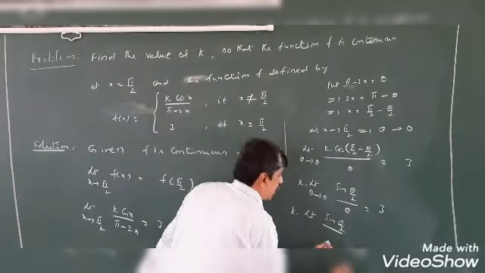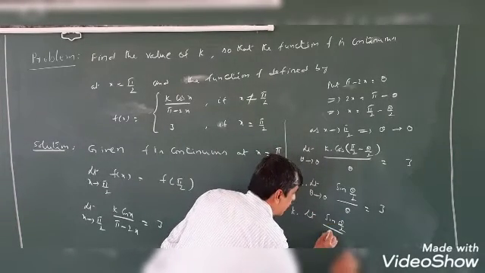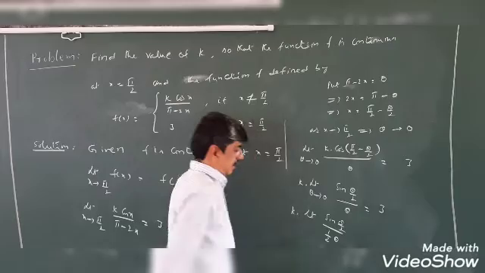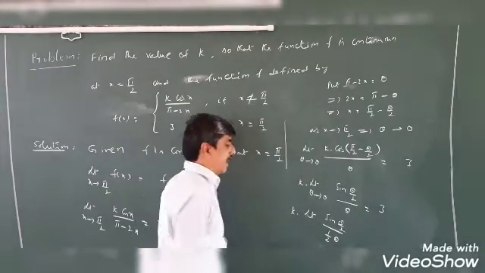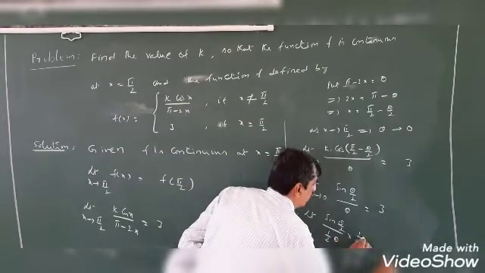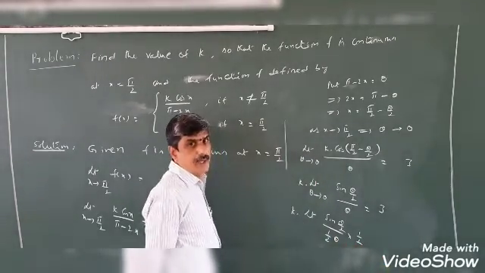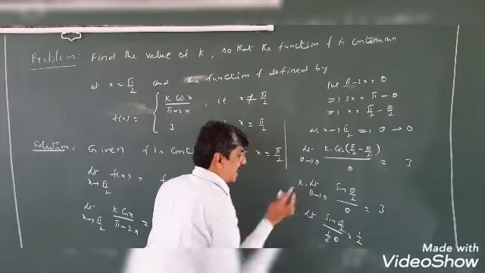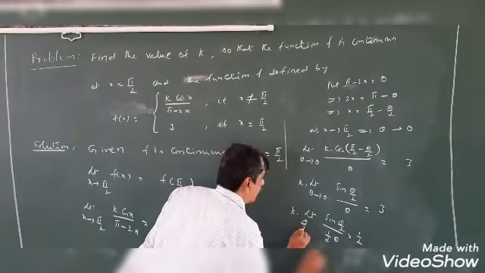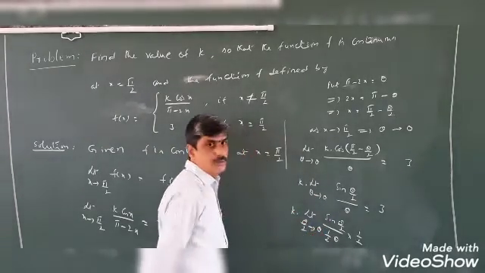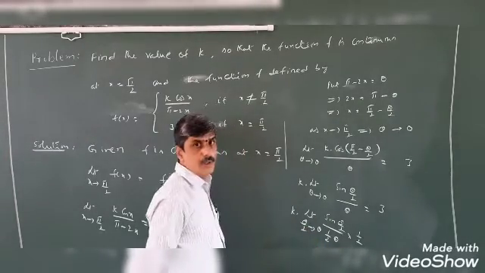So here also, theta by 2 if you want to get, then the denominator is multiplied by 1 by 2. For equality, the numerator is also multiplied by 1 by 2. So as theta tends to 0, theta by 2 tends to 0 by 2, and 0 by 2 is 0.